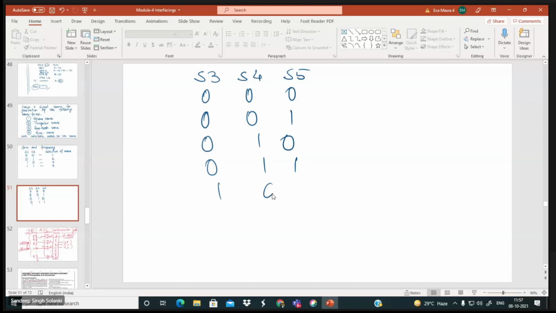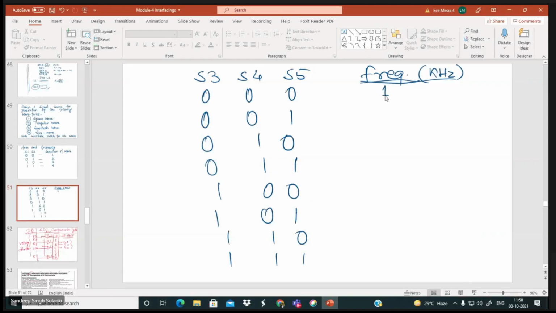Then frequency in kilohertz is 1, 2, 3, 4, 5, 6, 7.